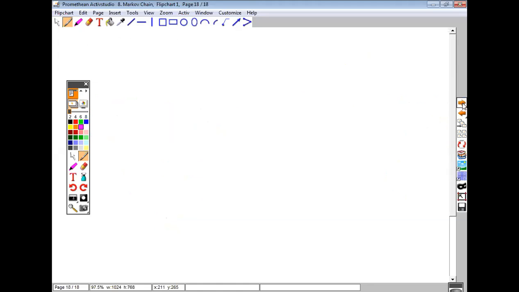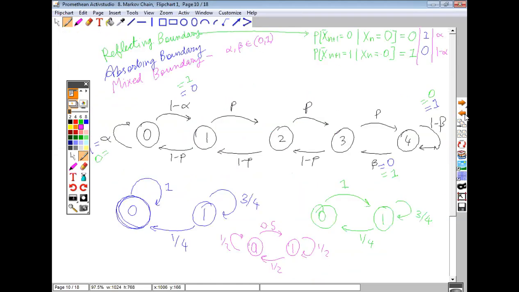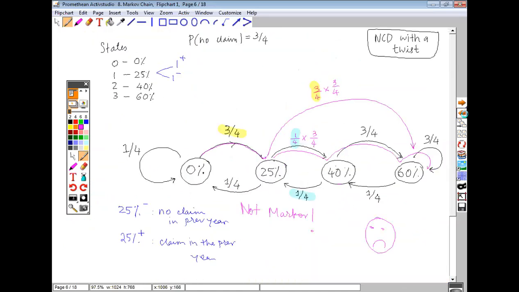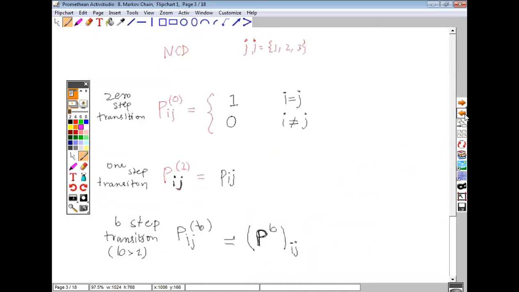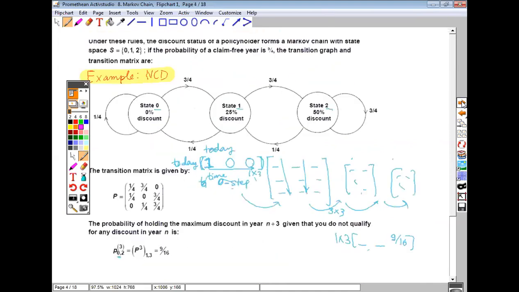So let us try to have a look at the NCD model that we saw. It's the simple one, I would say. And if you remember the transition matrix, let me just go back, I guess. Yeah, so I guess we're talking about this. Do we have 3 states?